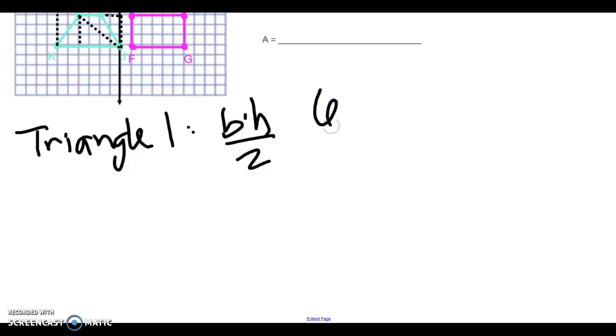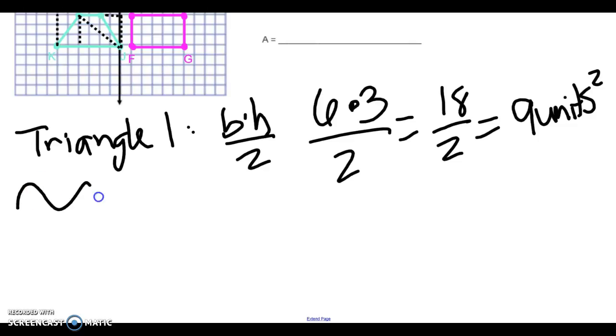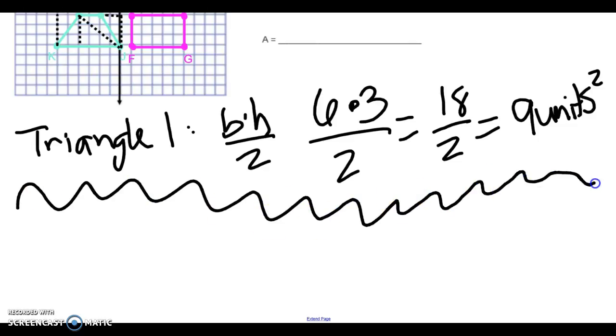We have 6 as our base times 3 as our height divided by 2. 6 times 3 is 18, divided by 2, which ends up getting us 9 units squared for the area of this triangle 1.